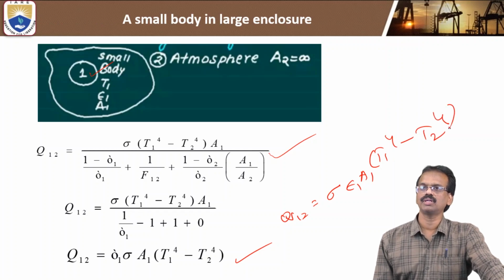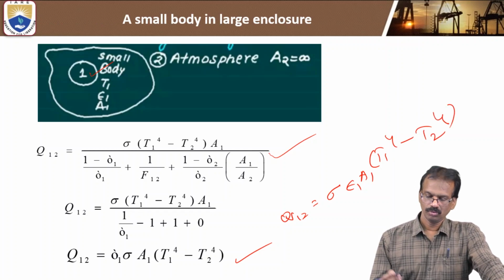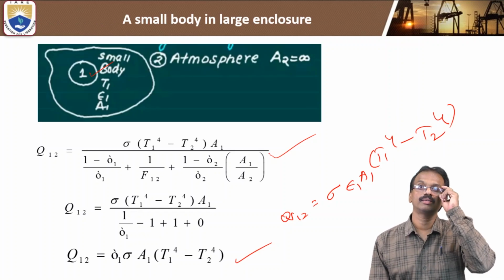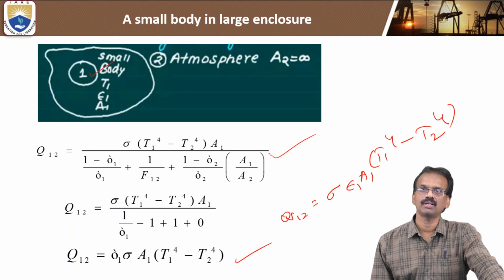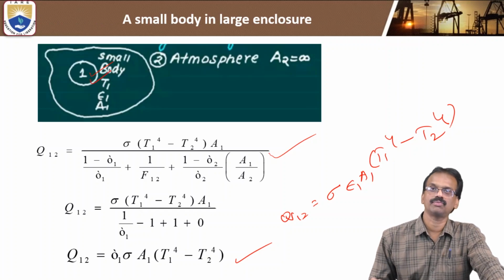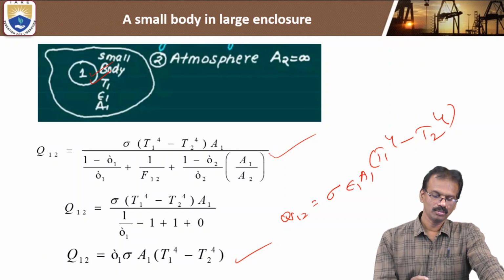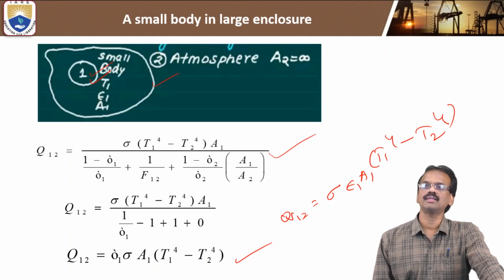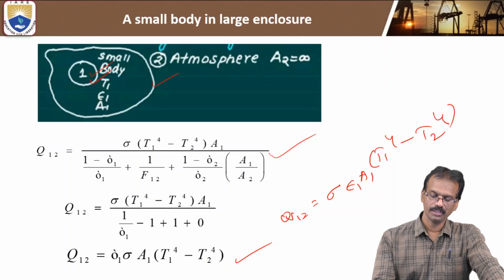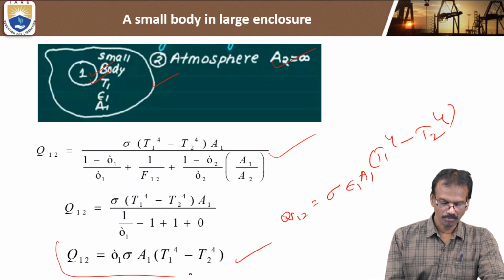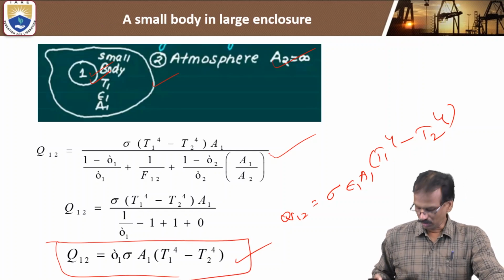Here sigma is the Stefan Boltzmann constant, epsilon 1 is the emissivity of body 1, surface 1, and A1 is the area of the small body. Because the enclosure is big, we consider the area of the big enclosure as infinity. We already covered this in the previous class.